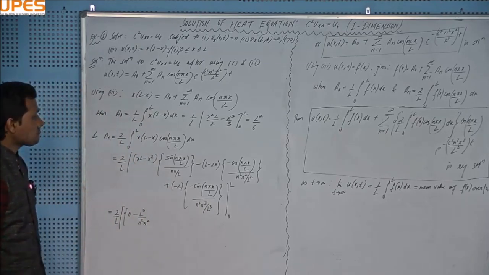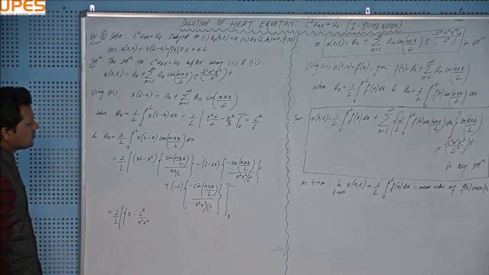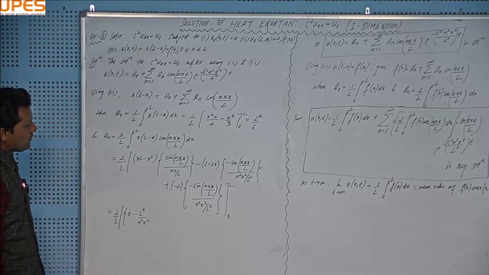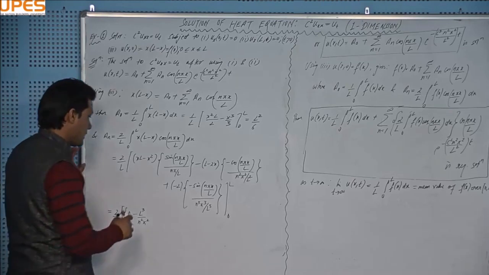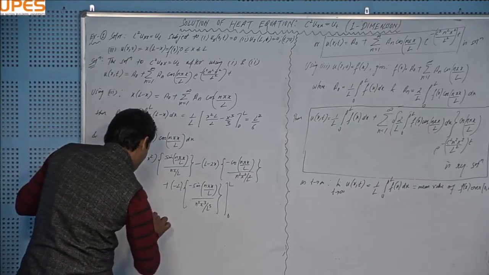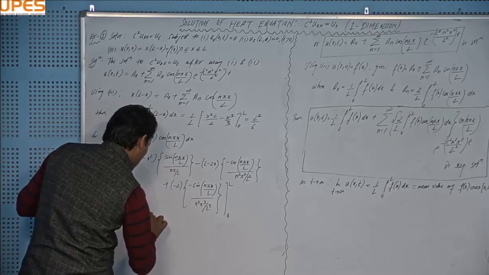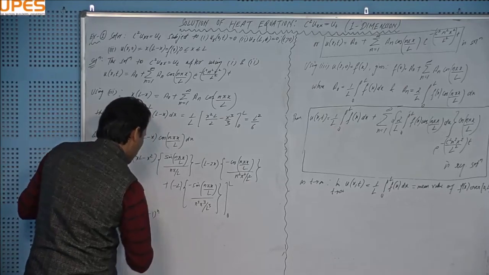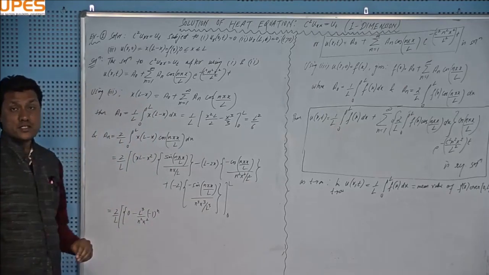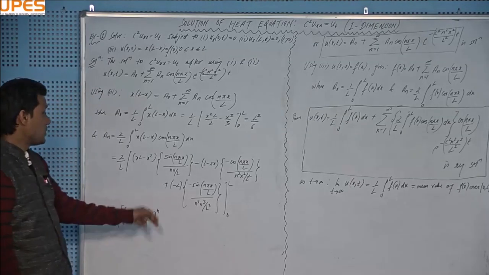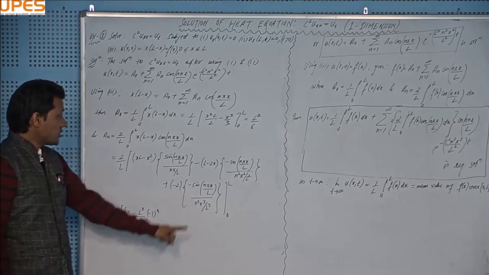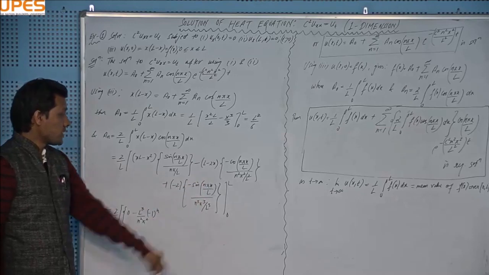Yes, fine, and this cos will become L cos nπ, and cos nπ is actually equal to (−1)^n. I have written that value directly, and putting L here will produce 0, because sin nπ will become 0.